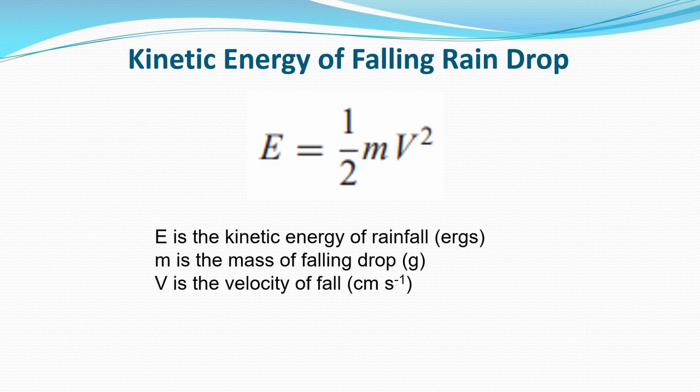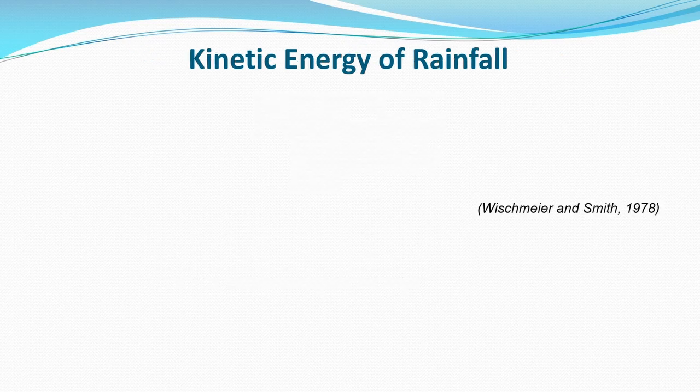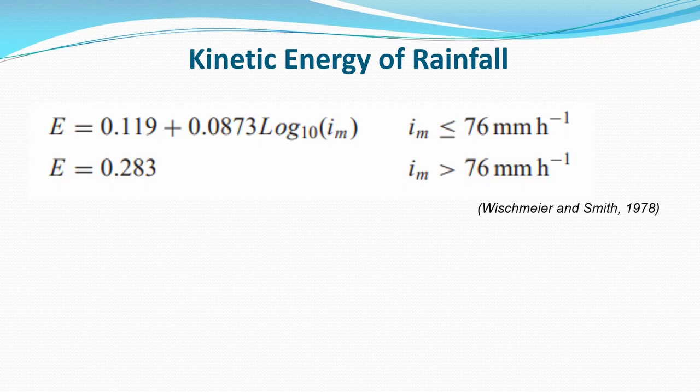Kinetic energy of rainfall. Now this equation is given by Wischmeier and Smith, 1978. E = 0.119 + 0.0873 log I. If the intensity of rainfall is less than or equal to 76 millimeters per hour, then we are supposed to use the first equation to calculate the kinetic energy.